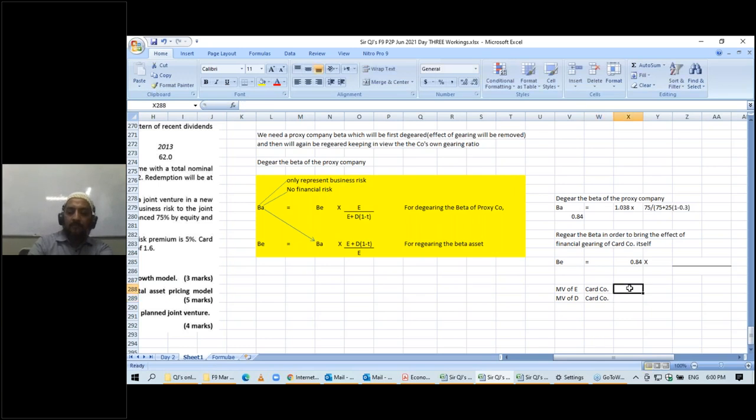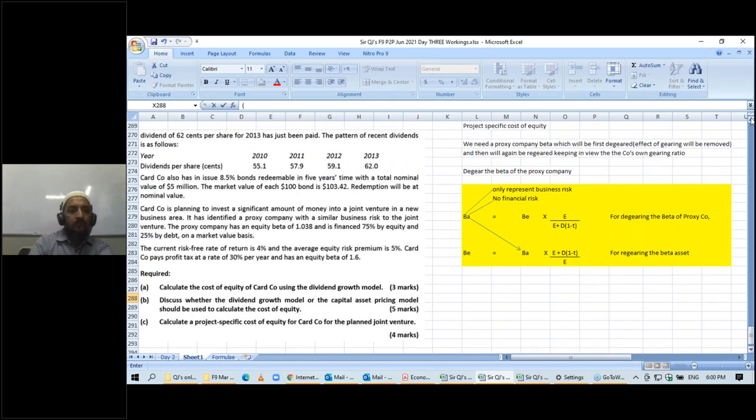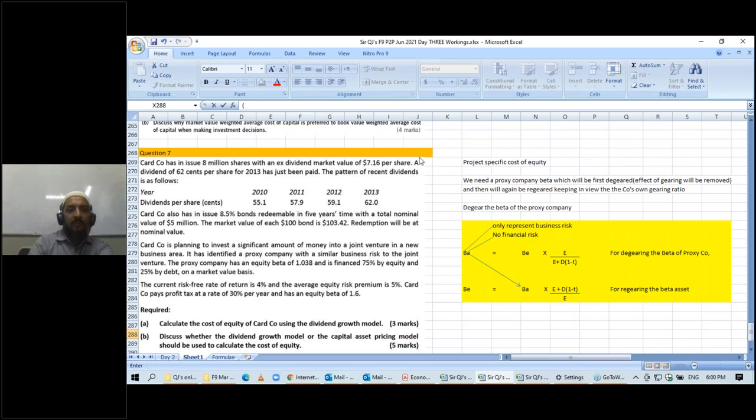Let me show you. The card company has 8 million shares outstanding and an ex-dividend market price of 7.16, right? So 8 million shares multiplied by 7.16. Then the market value of each bond is 103.42 and the nominal value is 5 million, right?